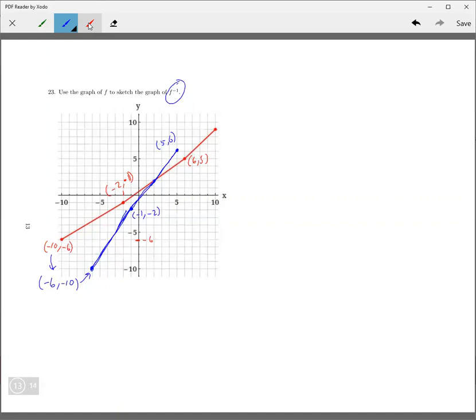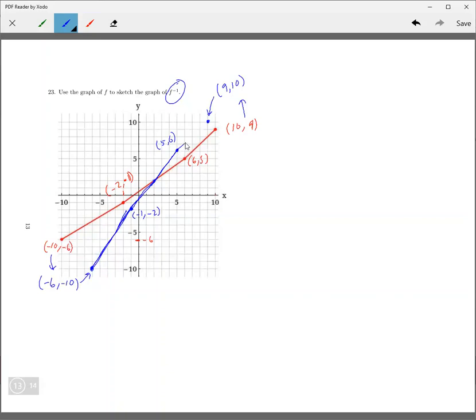And then finally, this point is 10, 9. So that means that the point 9, 10, which is right here, will be on the graph of the inverse.